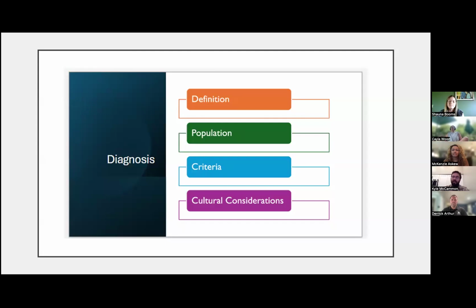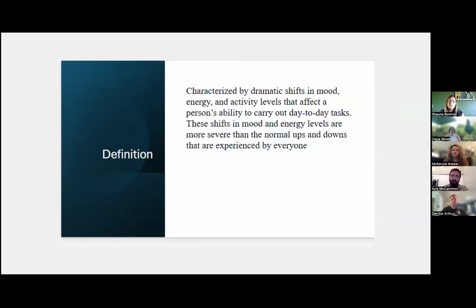Okay, so moving on to diagnosis: the definition of that, the populations that it affects, the criteria for that, and then the cultural considerations for all of those things. So the definition, as characterized by the NIMH, is dramatic shifts in mood, energy, and activity levels that affect a person's ability to carry out day-to-day tasks.